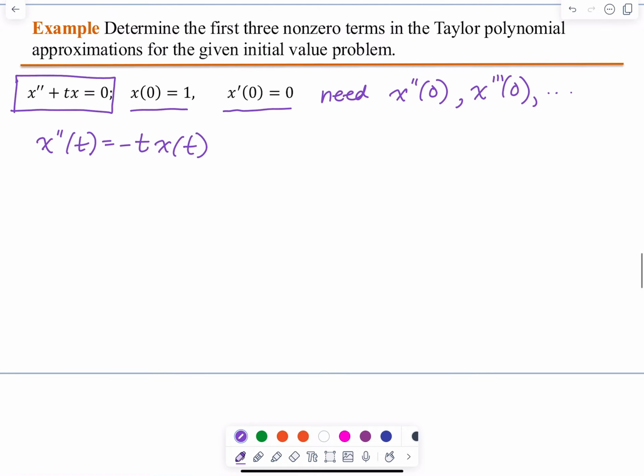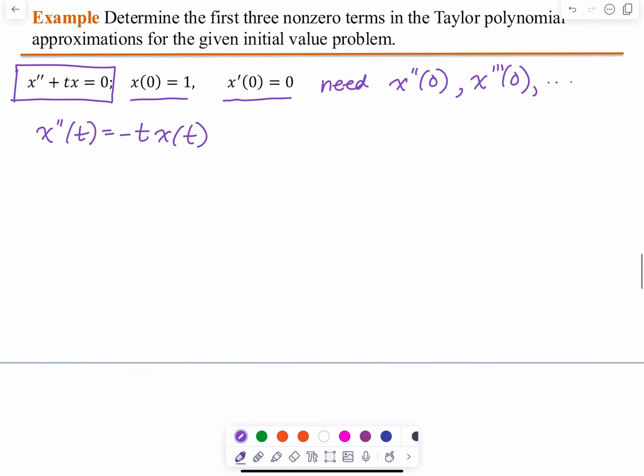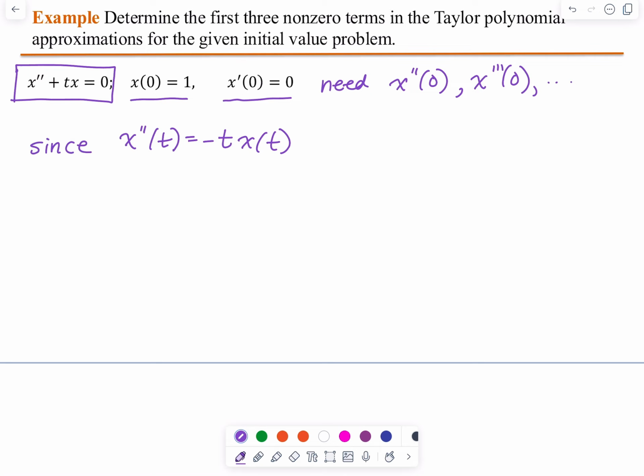So now if we go ahead and find x triple prime of t, it is going to be equal to the opposite of tx prime of t minus x of t.